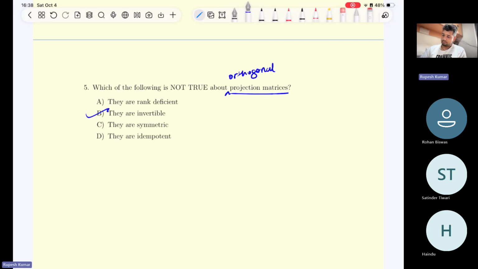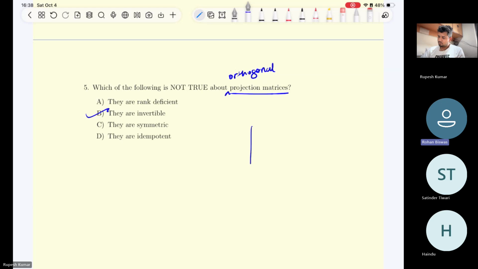Yeah, you're right. They may or may not be rank deficient. So symmetric and idempotent are guaranteed for orthogonal projections, but we can't guarantee anything about rank deficient or invertible.